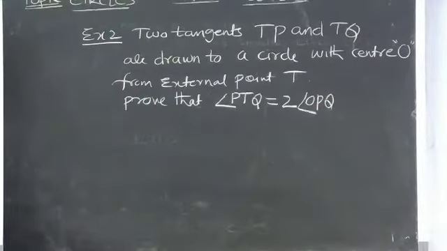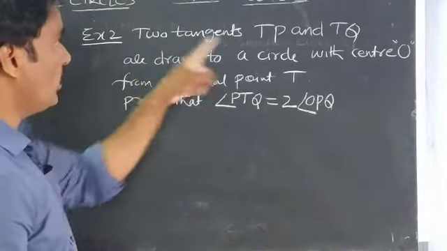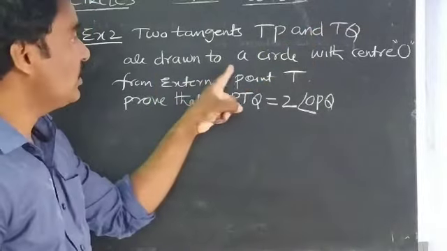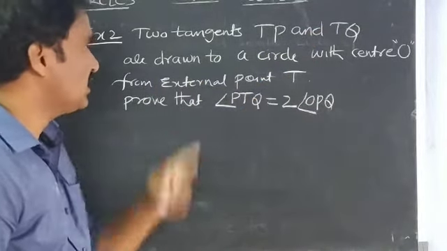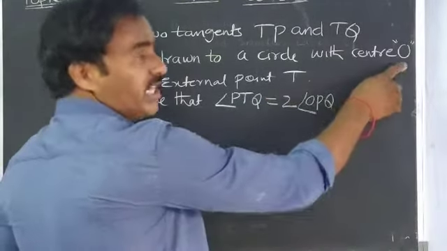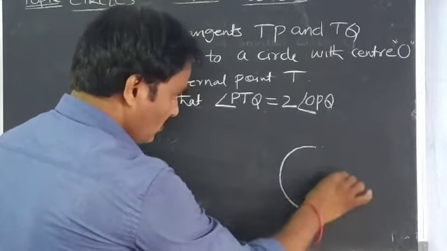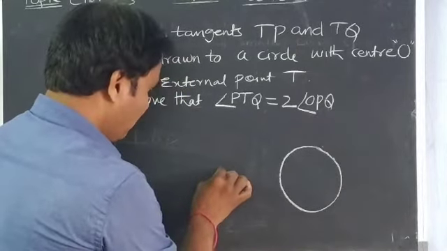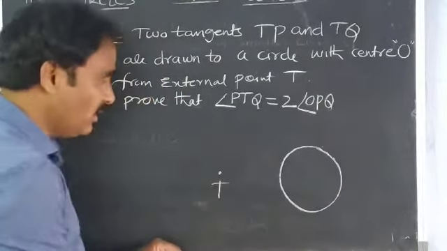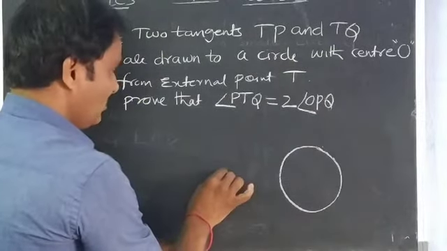Read the question carefully. Two tangents TP and TQ are drawn to a circle with center O from external point T. Which is the external point? T. What is O? Center of the circle. Let me draw the figure here. This is the circle, and here I am taking T. T is the external point. Through T, we are drawing TP and TQ as tangents.